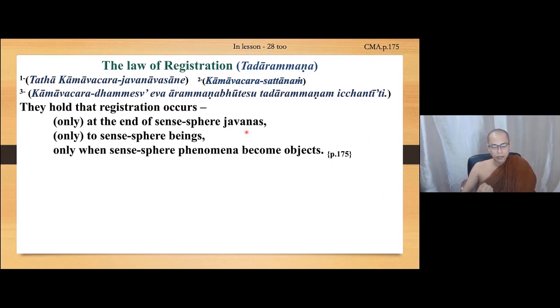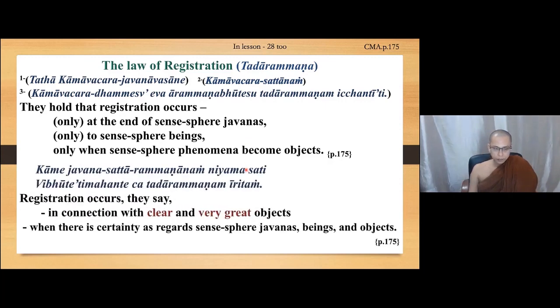The texts in the Abhidhammattha Sangaha are very concrete and meaningful at all times. In the conclusion, more information about the object is added: Kame cavana satalambana niyame sati vibhuteti Mahanteja Tadarammana miritam. So they say that registration occurs, referring to a senior teacher, senior to the Venerable Anuruddha who wrote the Abhidhammattha Sangaha text.